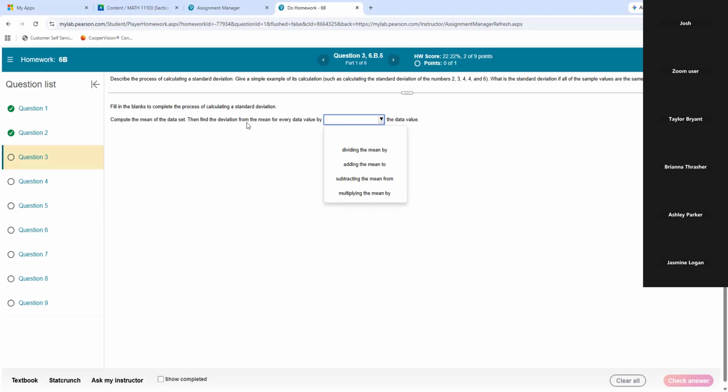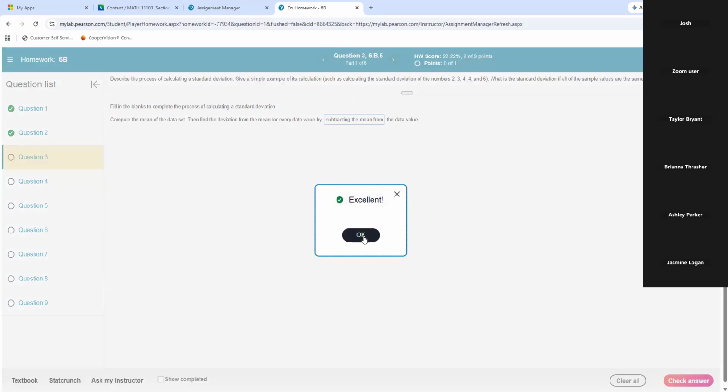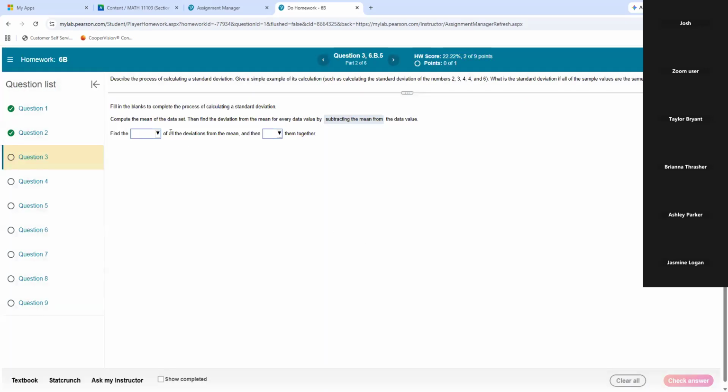Then we found the deviation from the mean for every data value by subtracting the mean from the data value. That was the x minus mean column. All right, once I did that, we found the squares of all those numbers. Remember, that was my x minus mean squared column. So we squared them all. And then we added them all together once we squared them.